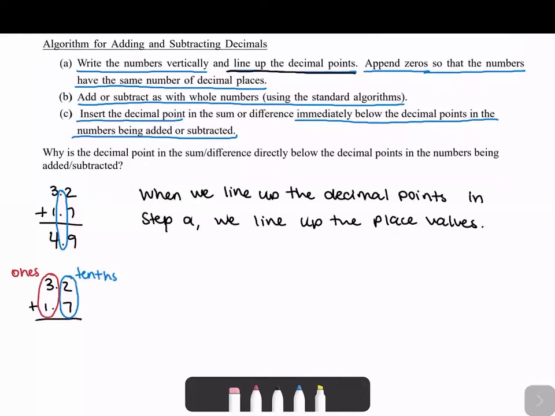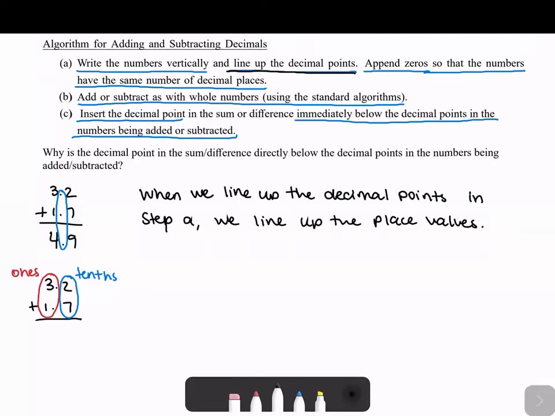And this is the case no matter how many decimal places we have. It doesn't matter. This is the purpose that step serves. It's making sure all the tenths are lined up, the ones are lined up, the tens, the hundreds, and so on, in either direction. So when we line that up, it lines up those place values.